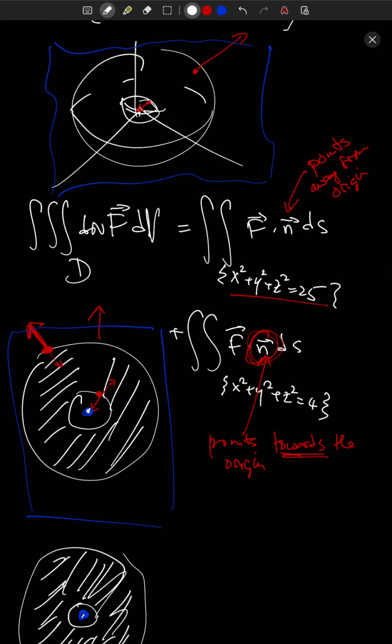Because of course, none of these theorems are legal if the thing that you're trying to integrate is not legal, right? You can't integrate divergence of f over the entire region if f isn't defined at that point. That's completely illegal. So you're going to have to create holes like this, and then take limits and things like that to work things out.